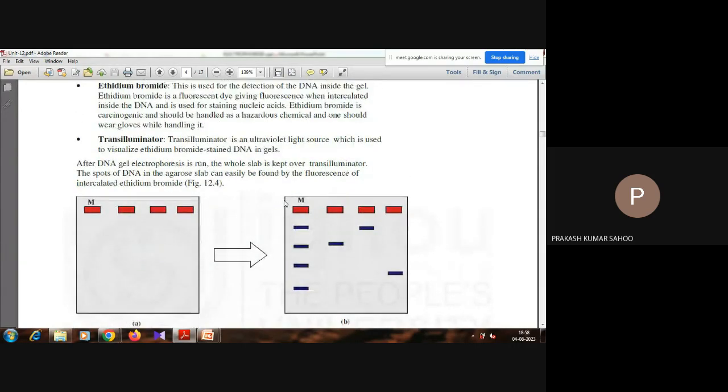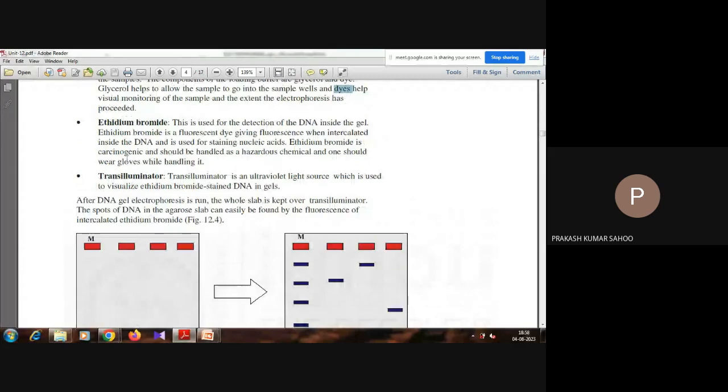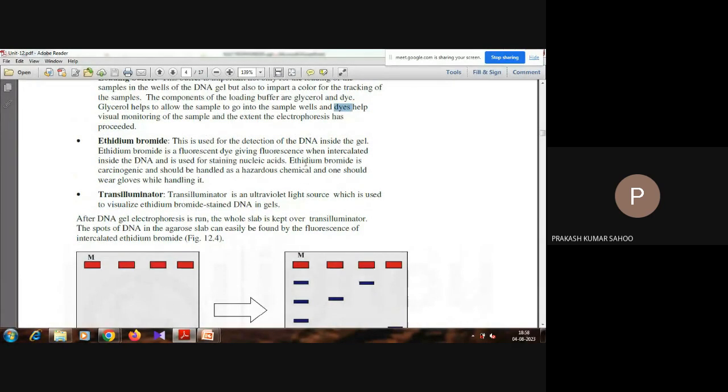Then we have the next part, ethidium bromide. This is used for the detection of DNA inside the gel. Ethidium bromide is a fluorescent dye giving fluorescence when intercalated inside the DNA and is used for staining nucleic acids. Ethidium bromide is carcinogenic and should be handled as a hazardous chemical, and one should use gloves while handling it.